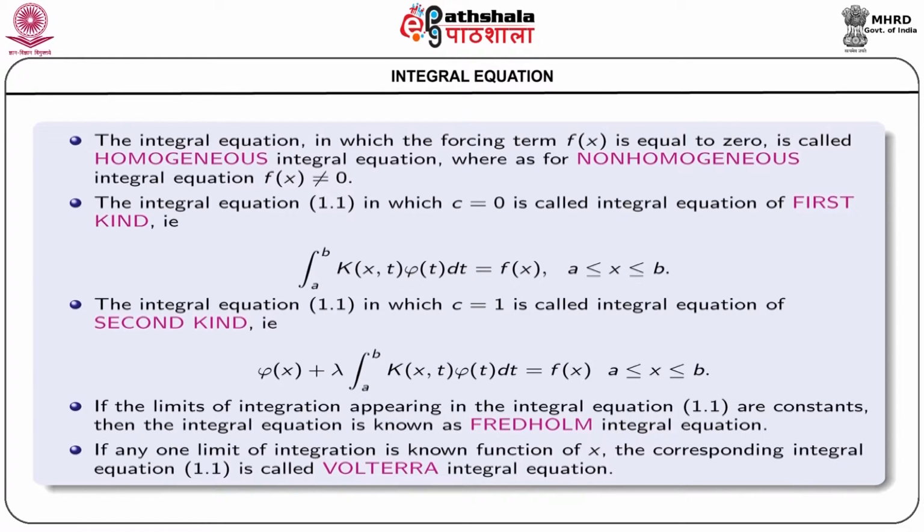Now, in the linear integral equation, if the forcing term f(x) is equal to 0, then this integral equation is called a homogeneous integral equation, whereas if f(x) is not equal to 0, then it is a non-homogeneous integral equation.